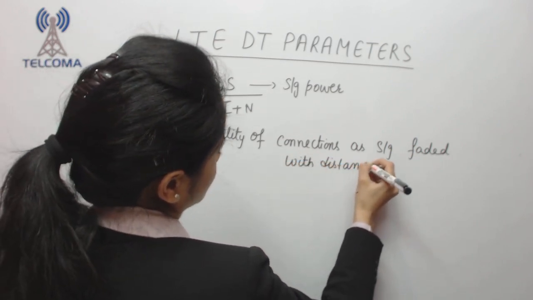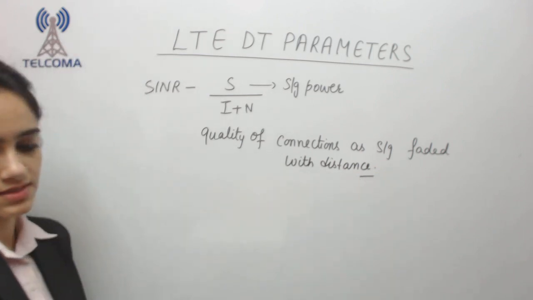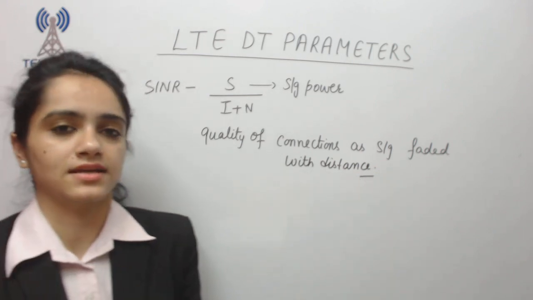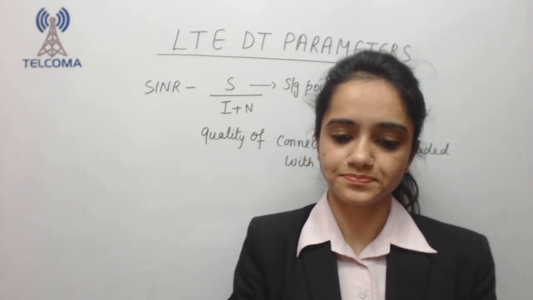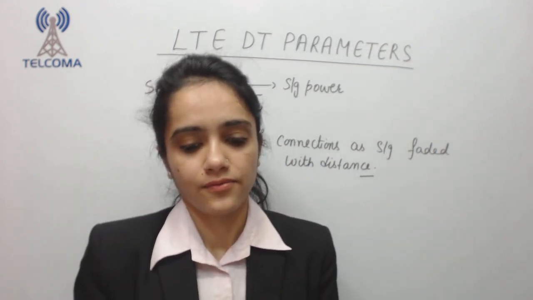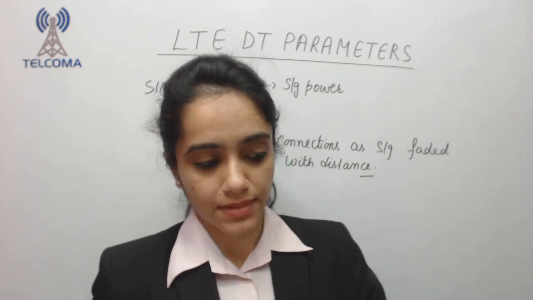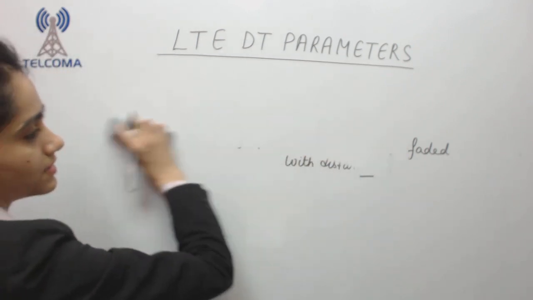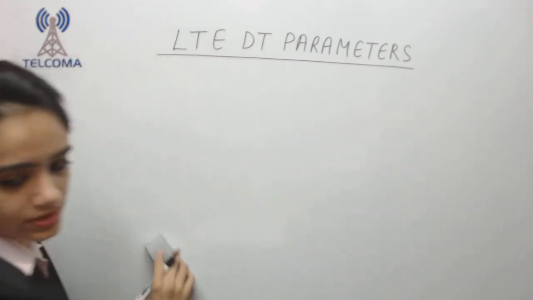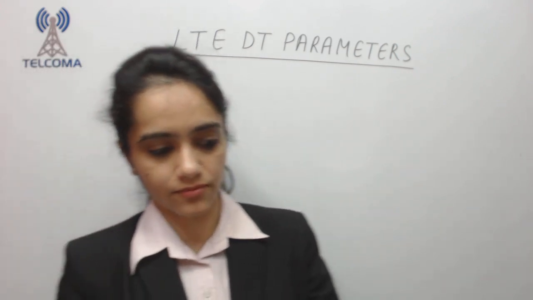As it starts fading with distance, we will have power, interference and other such things in the case of SINR. Now we have parameters for call drops. So these are some LTE drive test parameters which we need to check whenever we are performing our test. That means RSSI, then RSRP, RSRQ, SINR.